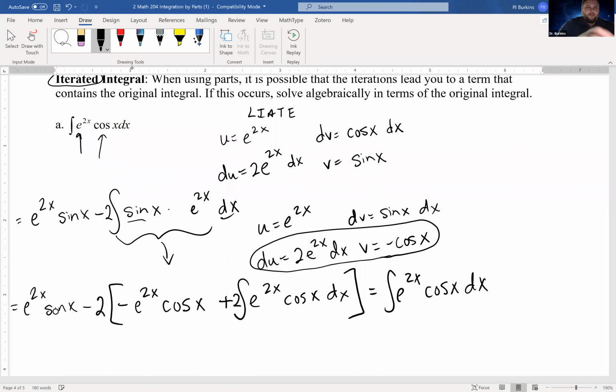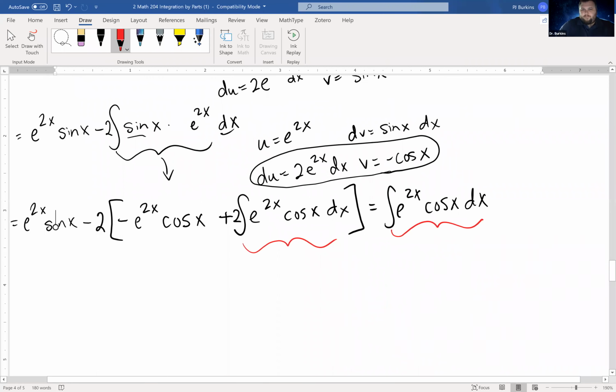Now notice the original integral and what I just got out of that integration by parts. They're the exact same thing. So I'm going to call that integral I, just because I don't feel like writing it a bunch, and it'll clean it up quite a bit.